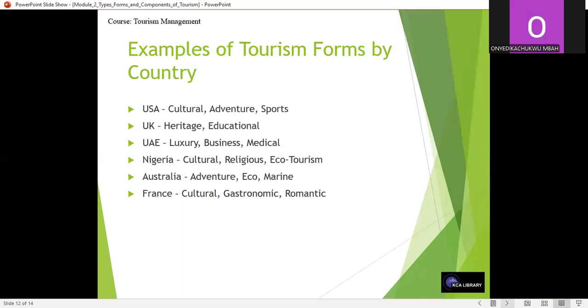Nigeria, our home country, is usually cultural, religious, and ecotourism. Australia is usually adventure, eco, and marine. France is usually cultural, gastronomic, and romantic. So these are the things that these countries are really known for. These are the forms of tourism based on country.